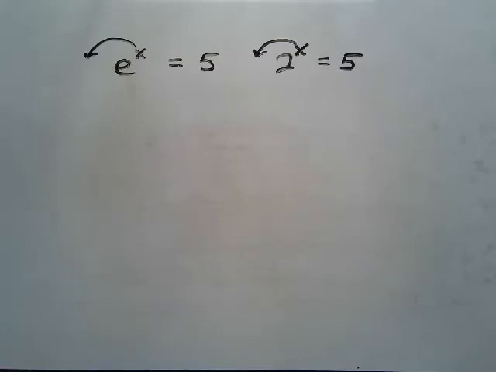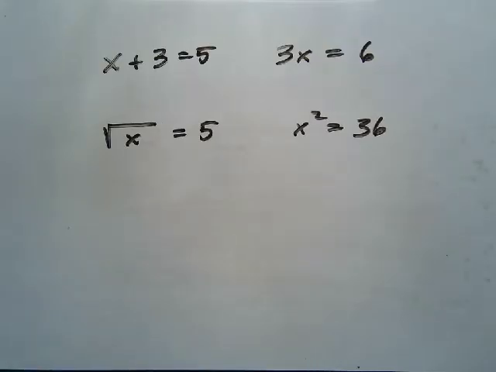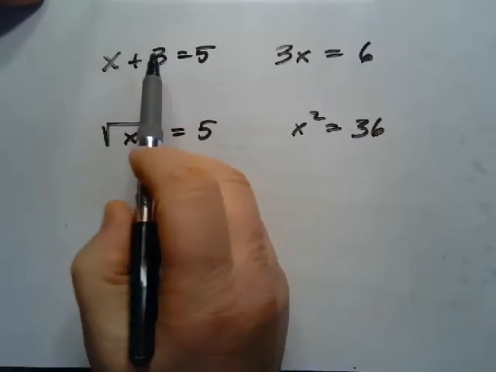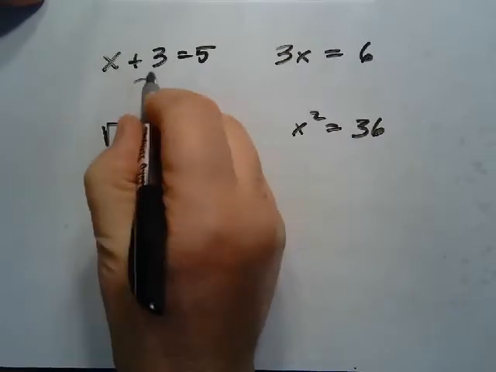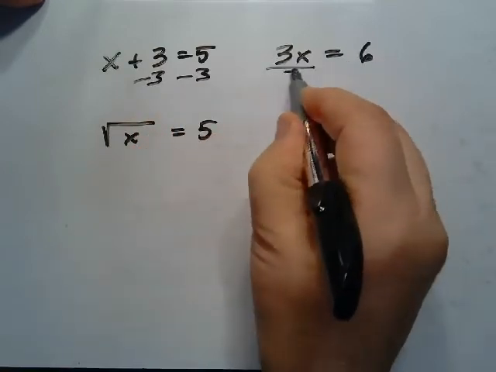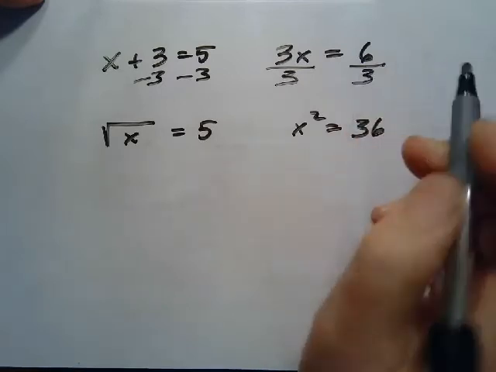So let's do a little quick review about using undo operations to solve. Algebra is all about using undo operations to get the variable alone. Here, to get x alone, we would subtract 3 from both sides, do the opposite or the inverse. To get x alone here, we divide by 3 on both sides.